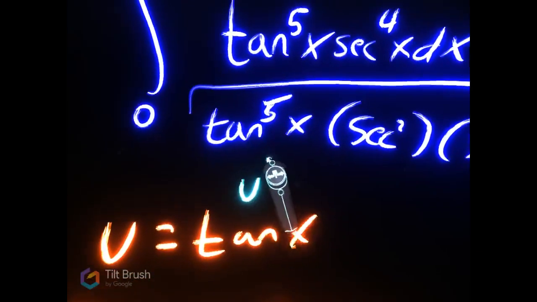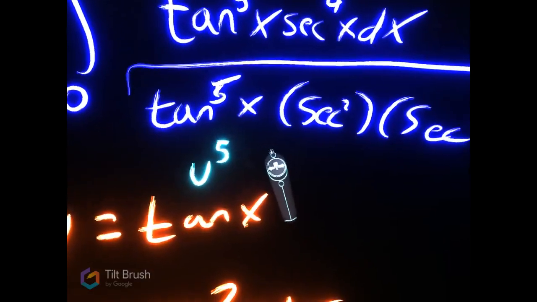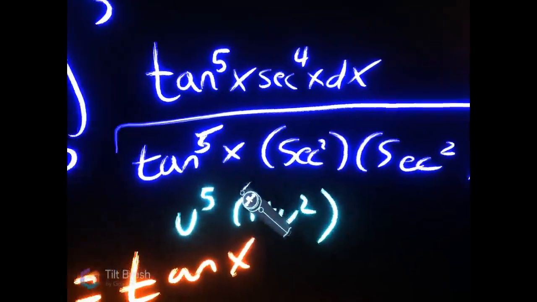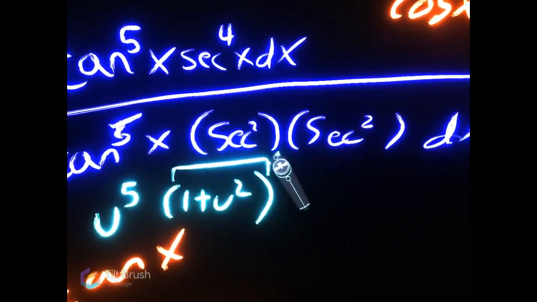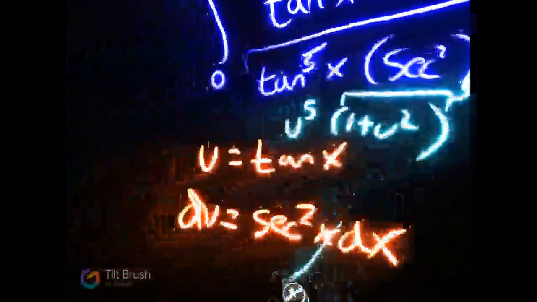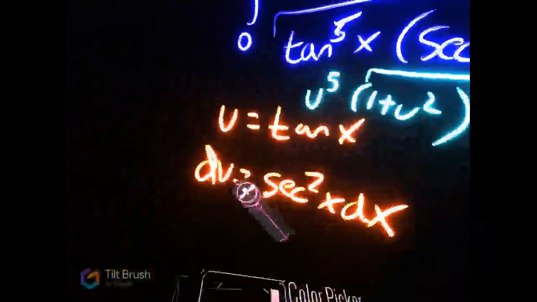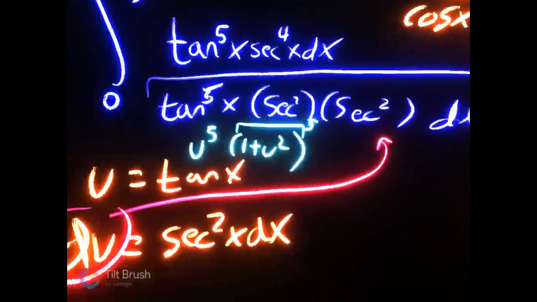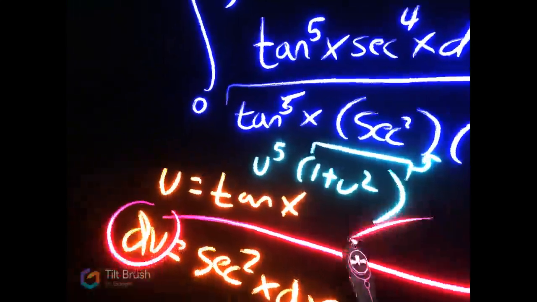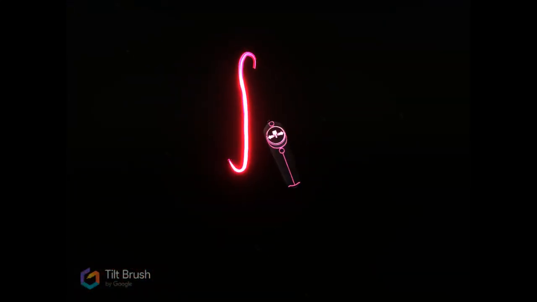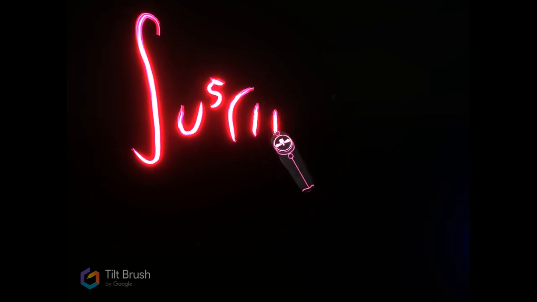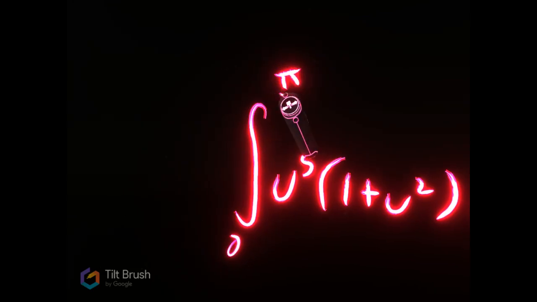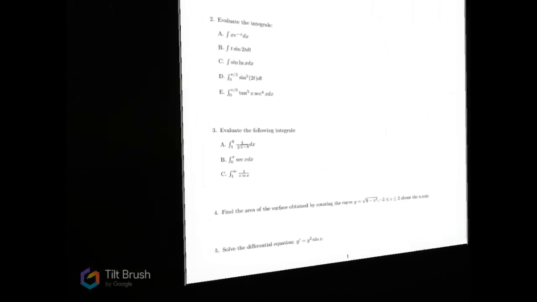So we have a u to the fifth, 1 plus u squared, because this guy is from that, and then the du is just this guy right here. Cool. So our new integral is u to the fifth, 1 plus u squared du from 0 to pi over 3. So now we can evaluate him.